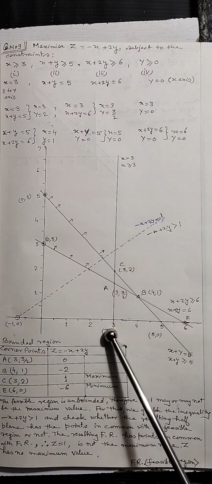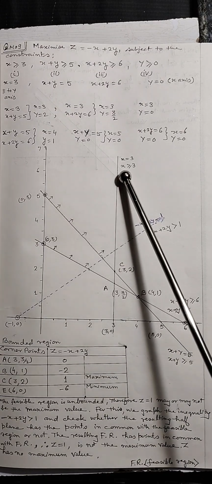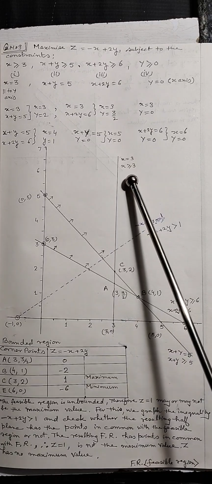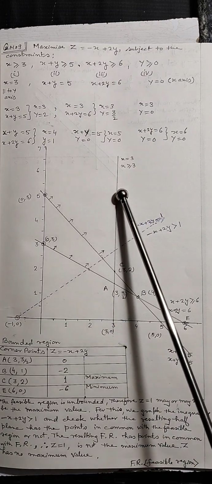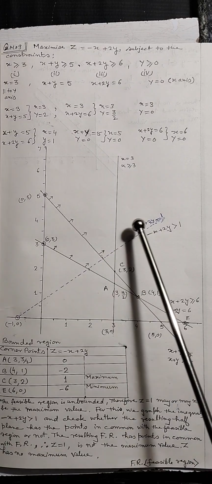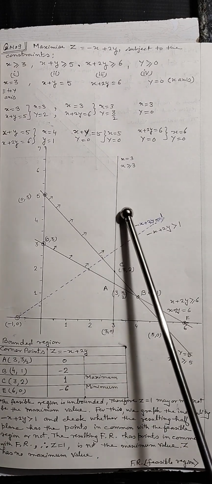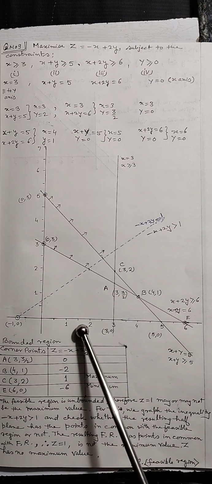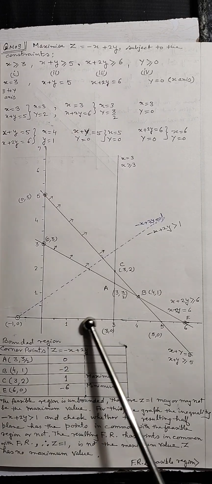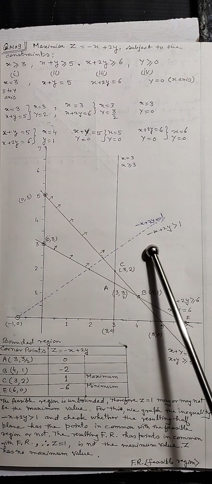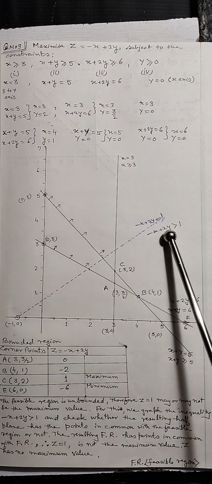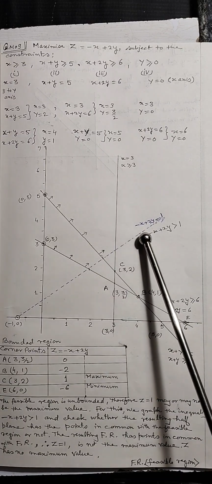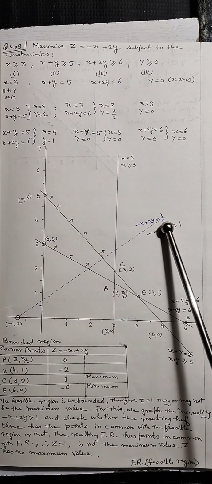Here the line parallel to the y-axis is x equal to 3, and x greater than or equal to 3 means any region lying on this side. Now here I have drawn minus x plus 2y greater than 1. So minus x plus 2y has been taken as 1.